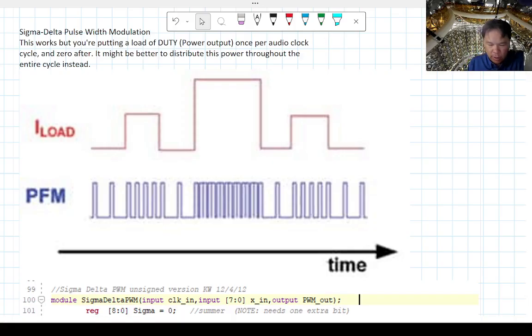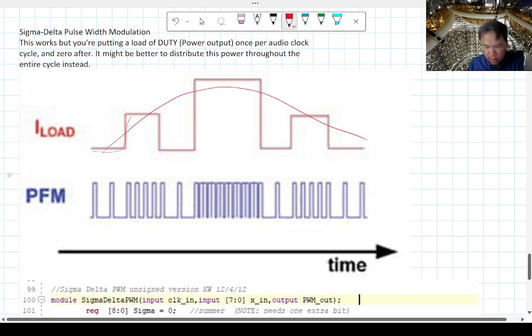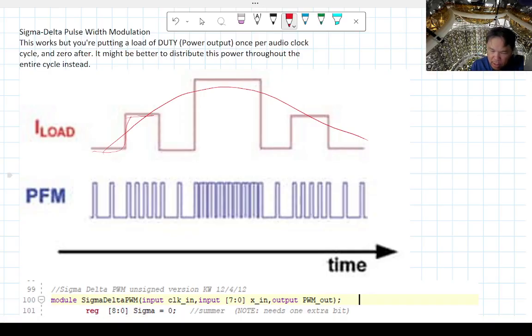So the way this works is that you have this analog signal, even though it doesn't look like it. Whenever you have a low input, so let's say this is at 0 and the maximum number is 127, and this is probably like 60 or something like that, when this is low, you want to pulse, but not as often.